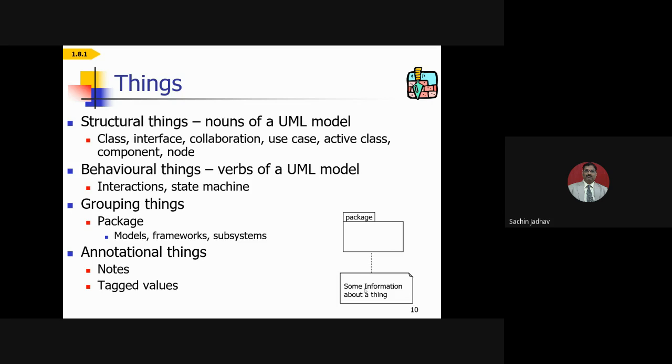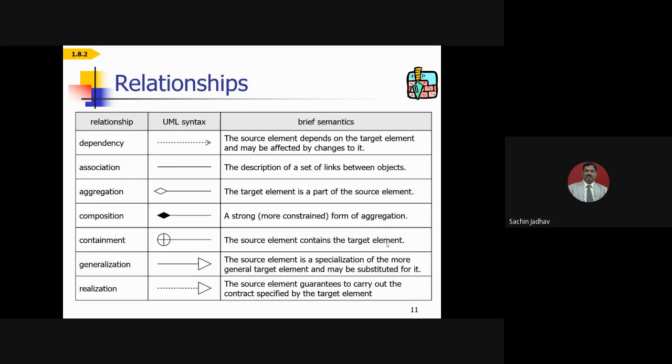Constraints can also be specified, and stereotype values can also be specified with annotation things. So basically there are four different things: structural things, behavioral things, grouping things, and annotational things. Now we'll discuss the relationships.